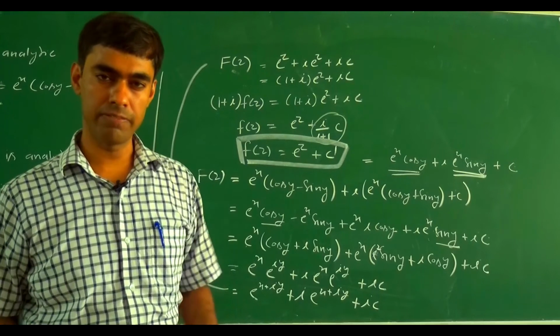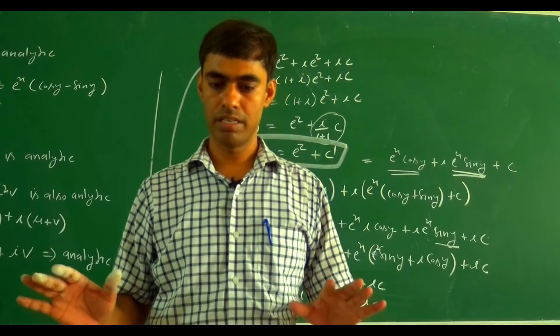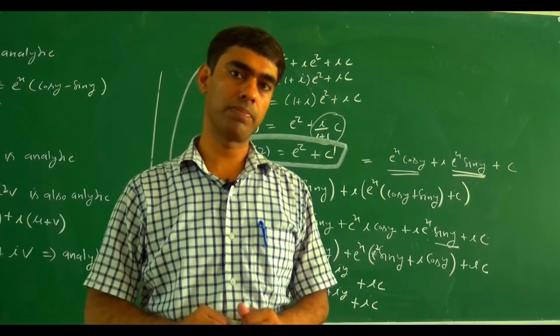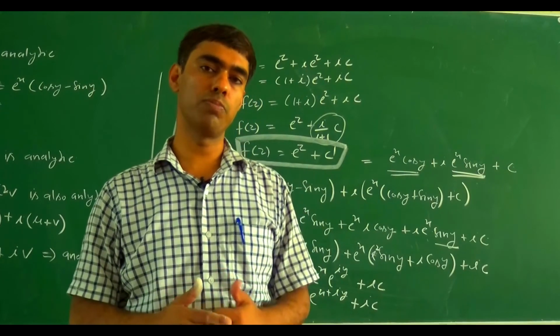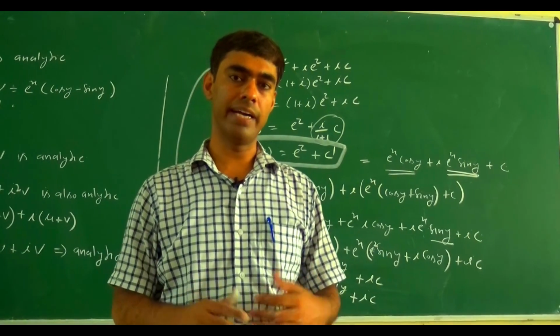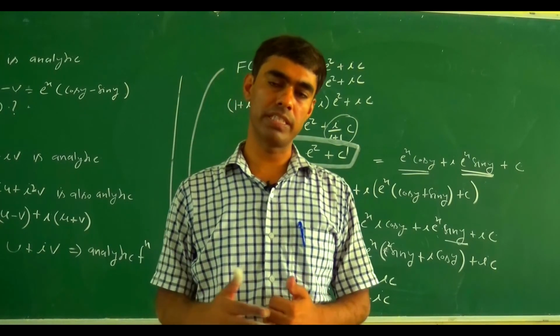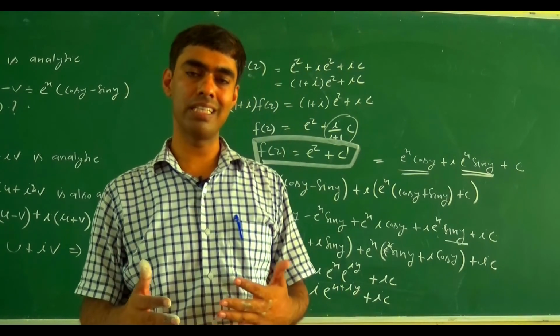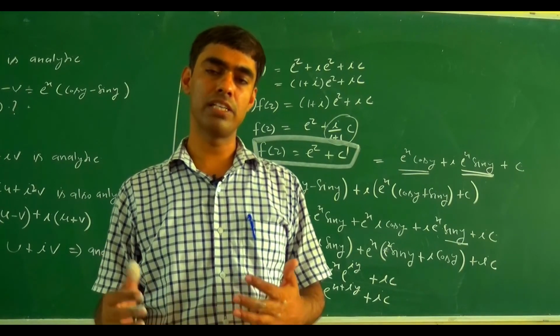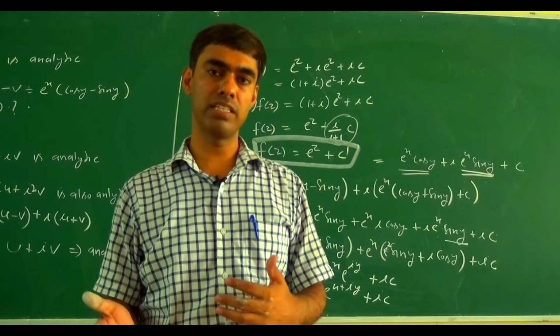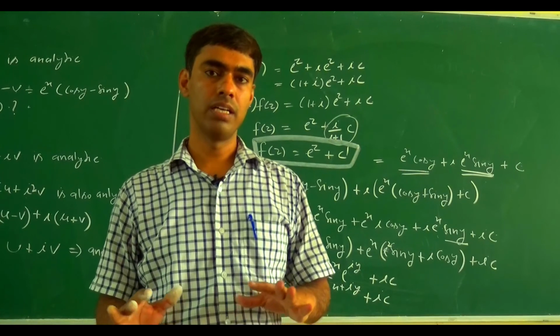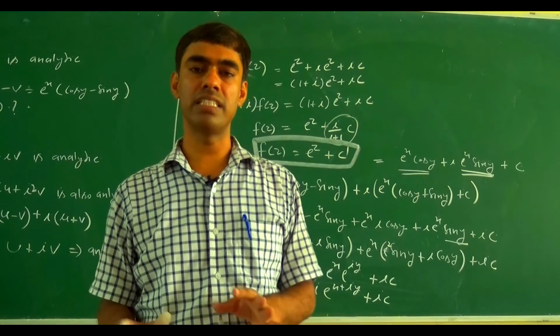So what is the summary of how we solve this type of problem? If fz equals u plus iv is an analytic function and u minus v is given, then i fz is also an analytic function, because by multiplying any constant, analyticity remains unchanged.